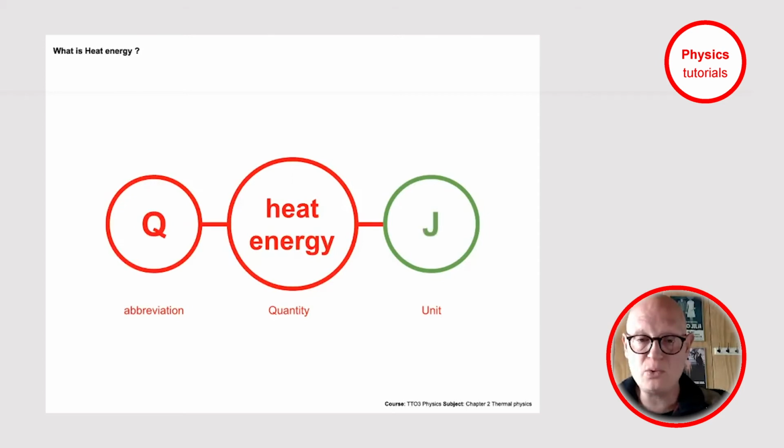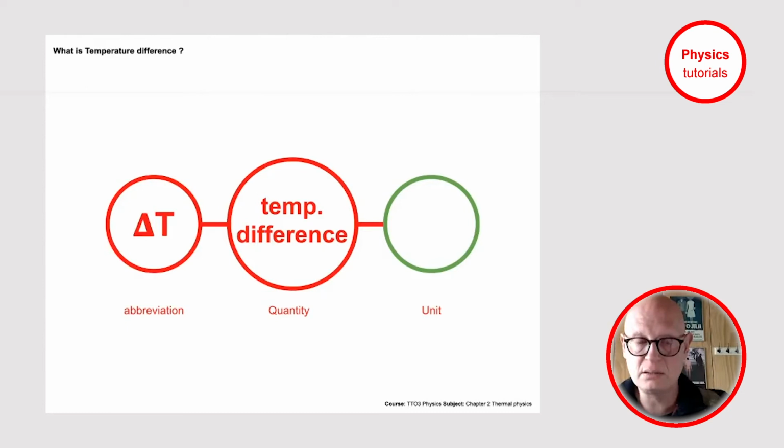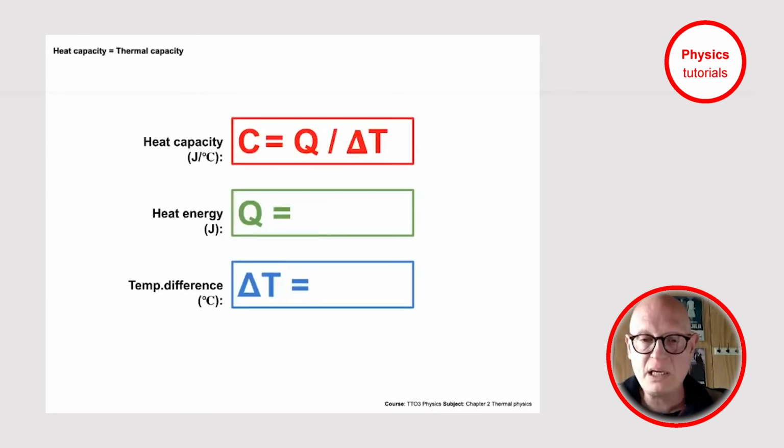Also, we use the quantity temperature difference, which we abbreviate with delta T. Make sure it's a capital T, and the unit is degrees Celsius. So with these quantities, you can calculate the heat capacity. It's the heat energy divided by the temperature difference.